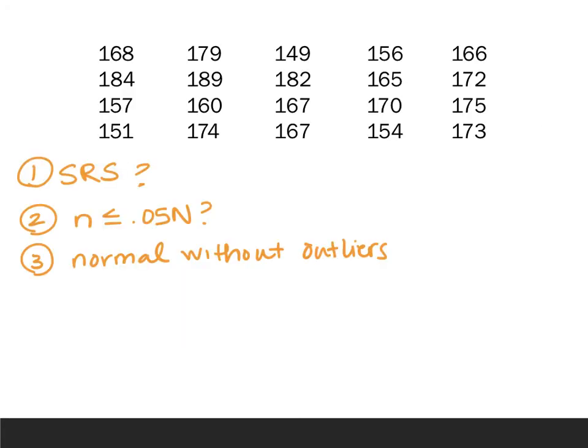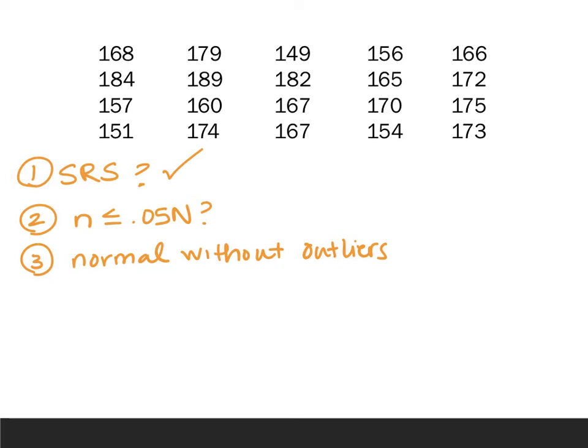Alright, so I've gone ahead and written down the 3 things that we need to check based on whether or not we can use the t-interval. The first one is, is this a simple random sample or a randomized experiment? In this case, we are told to treat the last 20 years as a simple random sample. So we can say that that condition is met. And then, is our sample size no more than 5% of the population size?